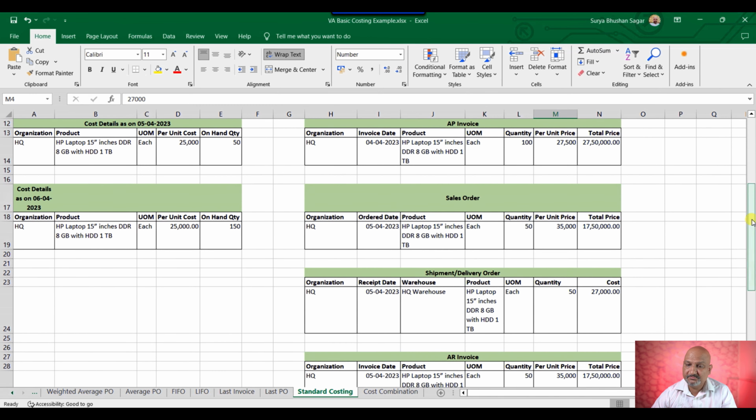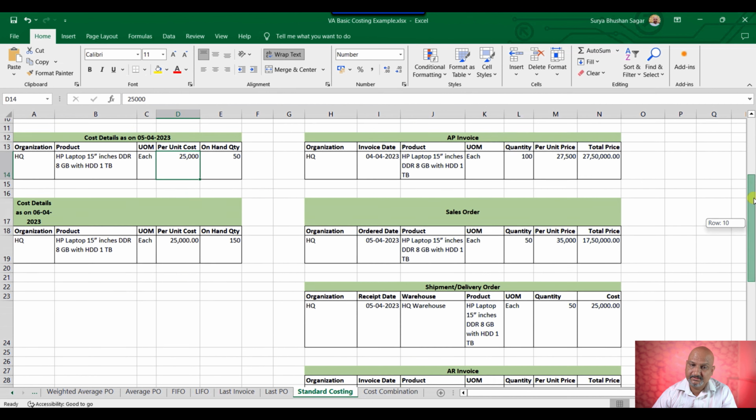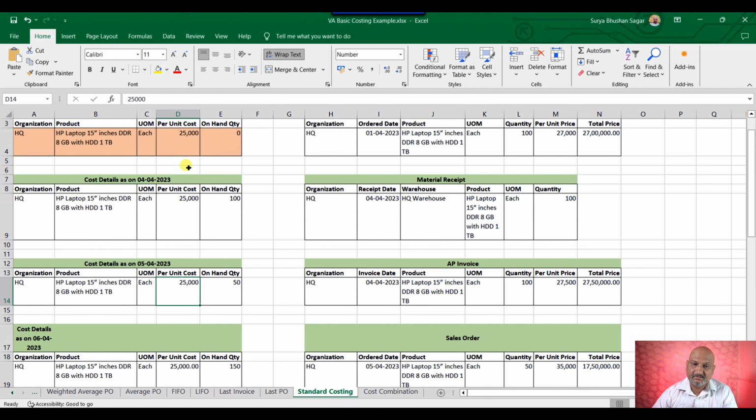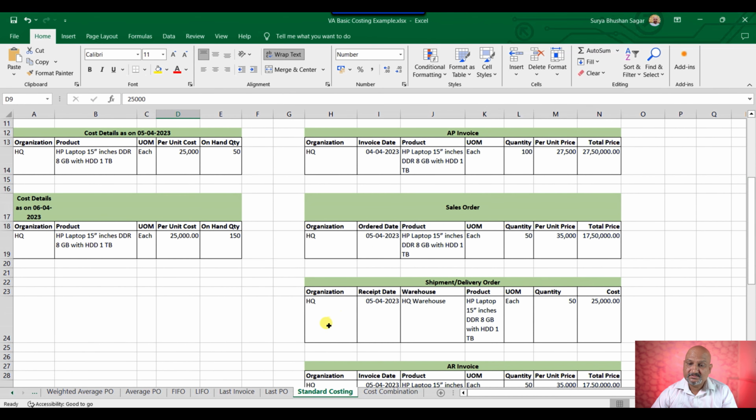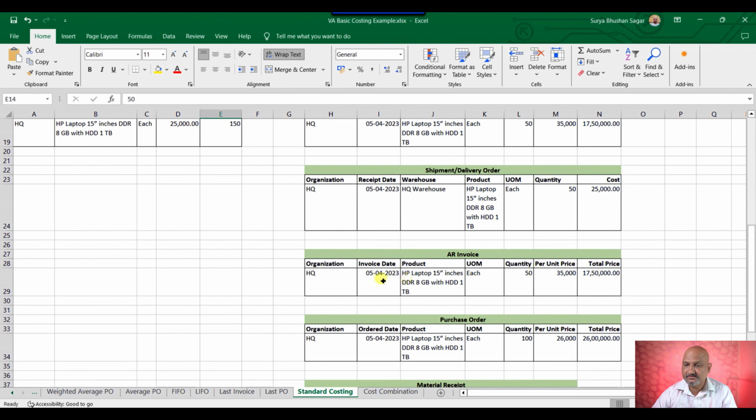Instead, it is going to be 25,000, as my costing engine says that the per unit cost for the product is 25,000 only. So on 5th of April, when we process the delivery order or the shipment, the system changes the quantity, but there is no change in the per unit cost, and thereafter the AR invoice is generated and sent to the customer.